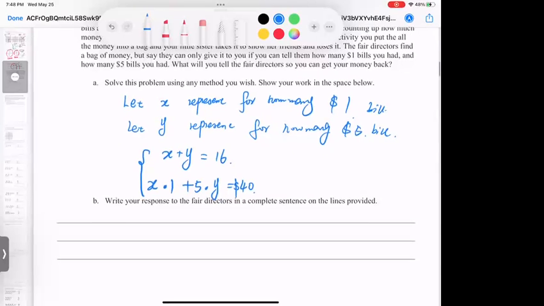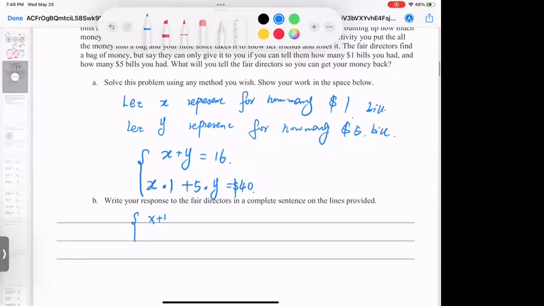So basically this question is asking X plus Y is 16, and X plus 5Y is 40, right? How to solve this equation? We learned it before.